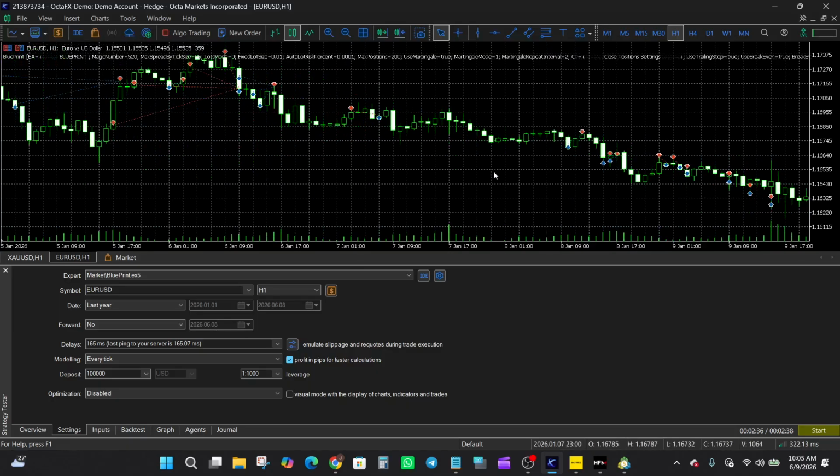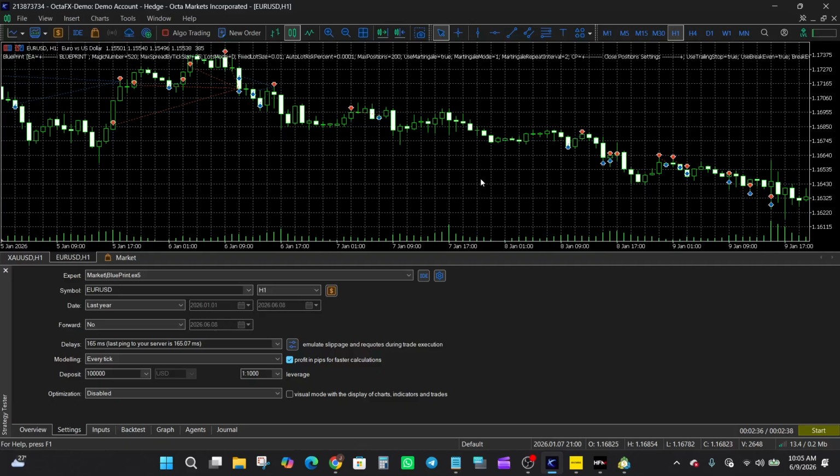All right. So overall, the BluePrint EA offers a configurable MT5 trading system built around price action and martingale principles, with flexibility in the money management, trade management, and trading session controls. As with any expert advisor that includes martingale functionality, careful testing and risk evaluation are essential before considering live deployment.